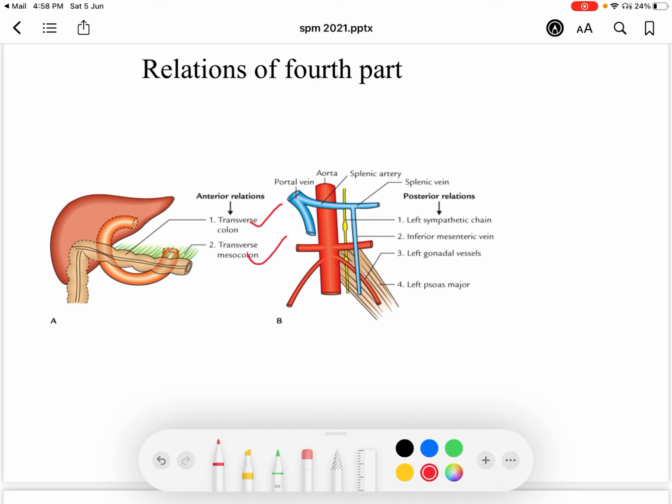Posteriorly, on the left side, there are the left psoas major muscle and left gonadal vessels, inferior mesenteric vein, left sympathetic chain, and to the left, the left kidney, left ureter, and to the right there is the upper part of the root of the mesentery. So that is the relations of the fourth part.